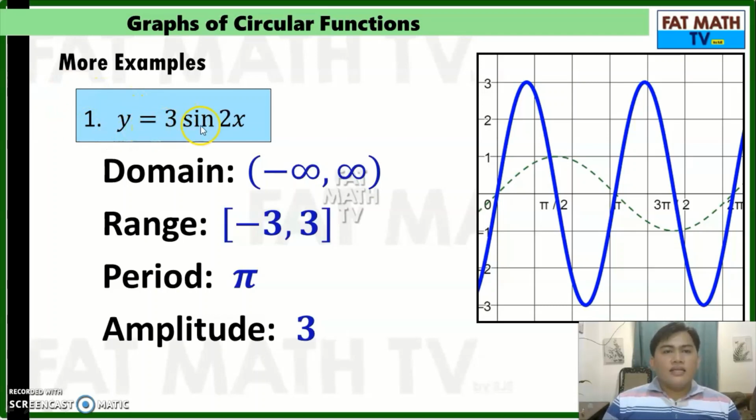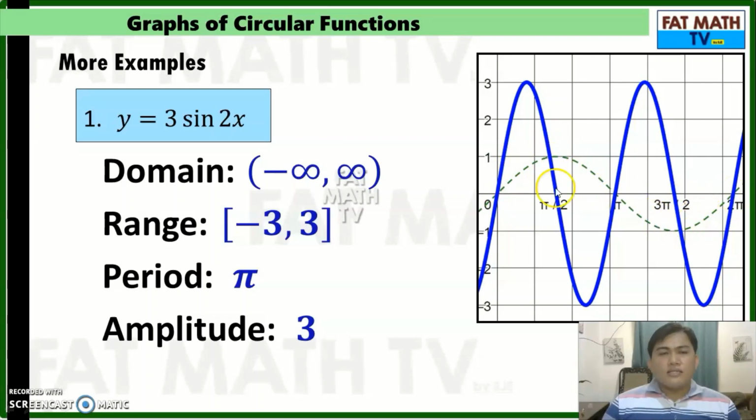Y equals 3 sine 2x. Okay, this time we have times 3 for the sine x, and then we have also 2 times the x. So we have 2 changes that we will create on y equals sine x. So the broken line here, or the graph here, is y equals sine x.